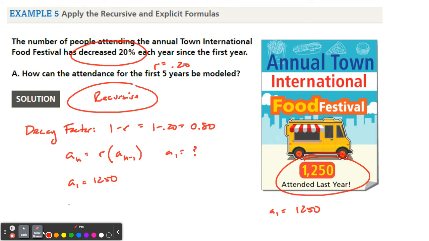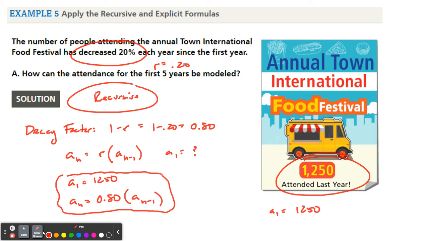And then our recursive formula is going to be a sub n equals 0.80 times a sub n minus 1. And that would be the way that we could find the first 5 years. So the first year is 1250. You'd plug in 1250 here and multiply by 0.8. That would give you the next year, and so on and so on.